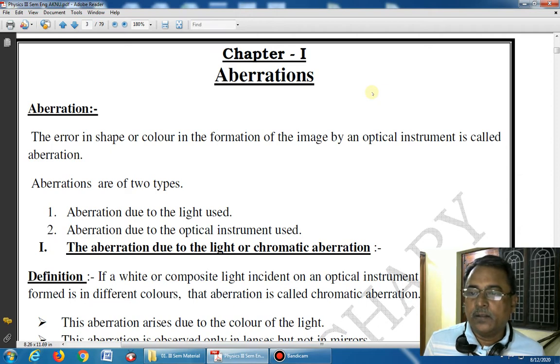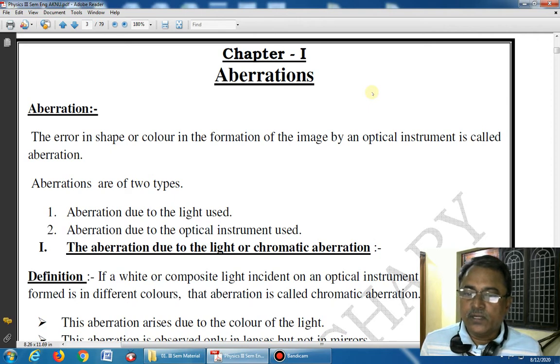And here aberrations are of 2 types, according to the reasons. The first reason is the aberrations due to the light that is used.